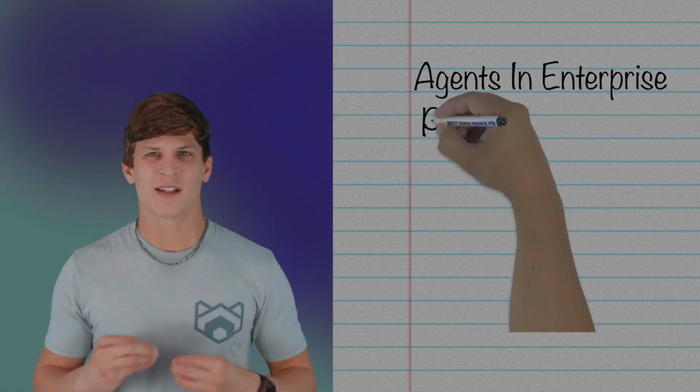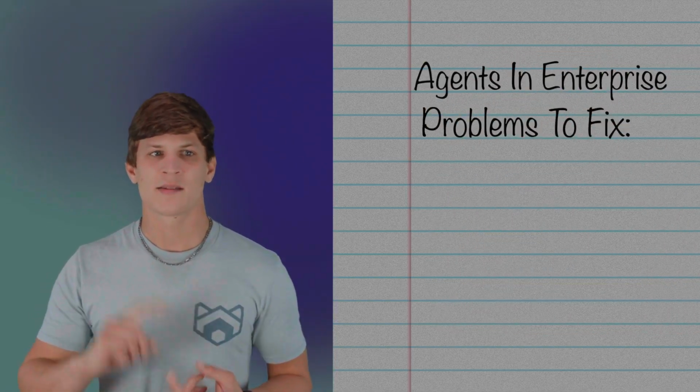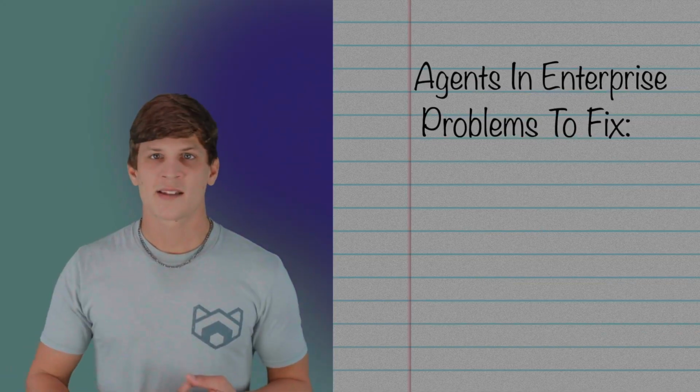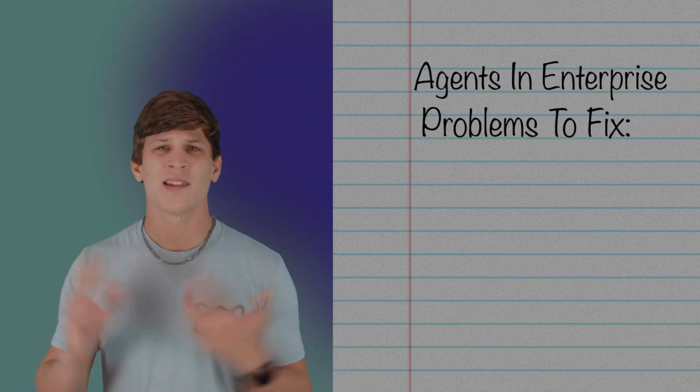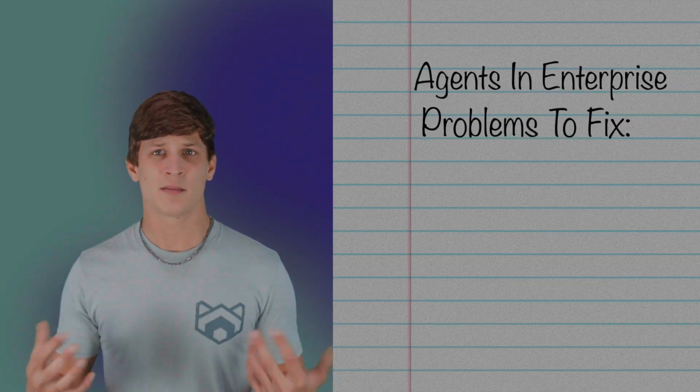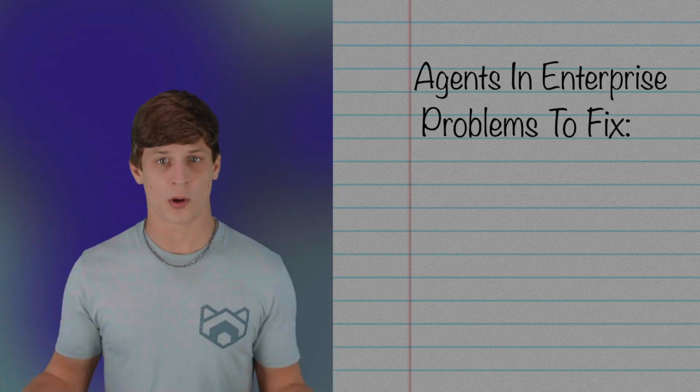Okay, so before we jump in, let's start with reality. Your enterprise data lives everywhere. Databases, SaaS tools, data lakes, internal APIs, and even legacy systems that might have existed before your engineers were even born.